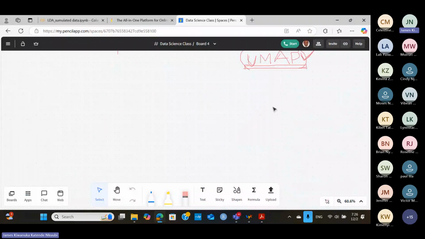So I will go to the slides, but I want us to start with the geometric idea behind linear discriminant analysis. Today we shall be looking at linear discriminant analysis. Let's try to look at the logic behind it. It tries to do two things.